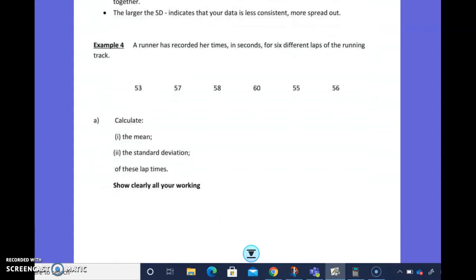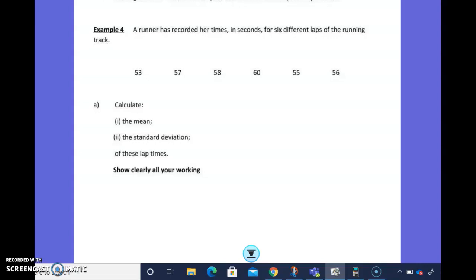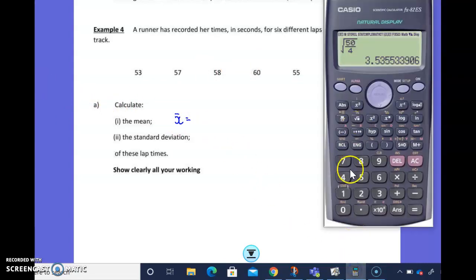A runner has recorded her times in seconds for 6 different laps of the running track. To calculate the mean and the standard deviation, we'll start with the mean. For the mean, we add them all up.